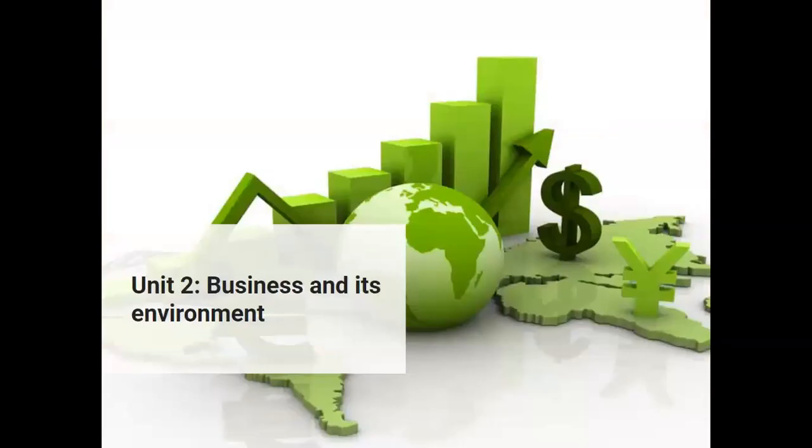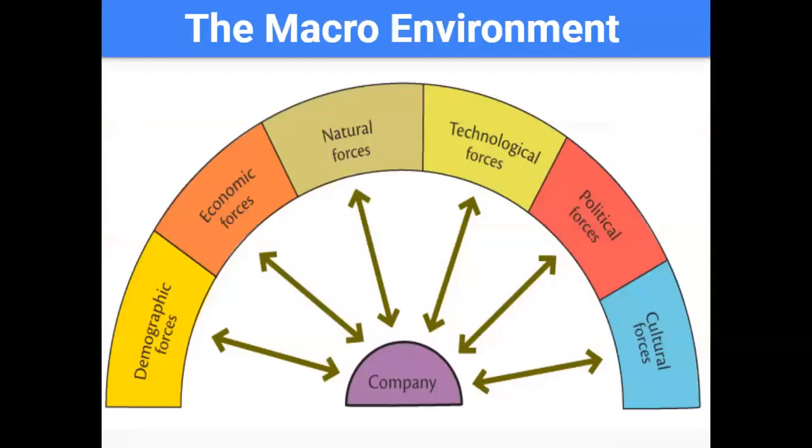Okay, so diving in, we're going to look in this lecture at Unit 2, Business and its Environment. When we talk about business and its environment, sometimes people get confused and they think we're looking at the environment as in climate change, etc. But when we talk about the business environment, we're talking about the internal and external environment in the business.